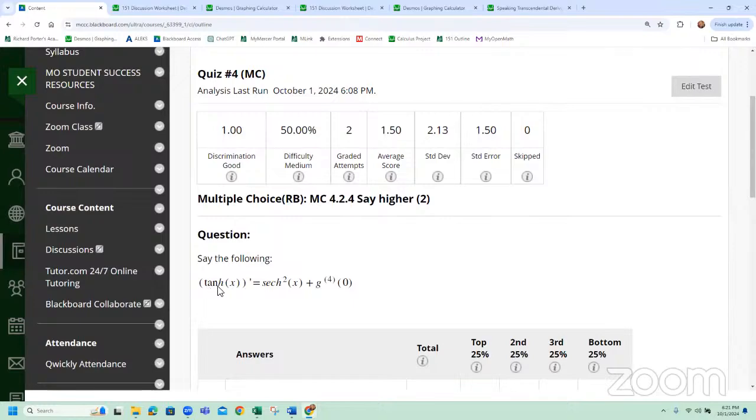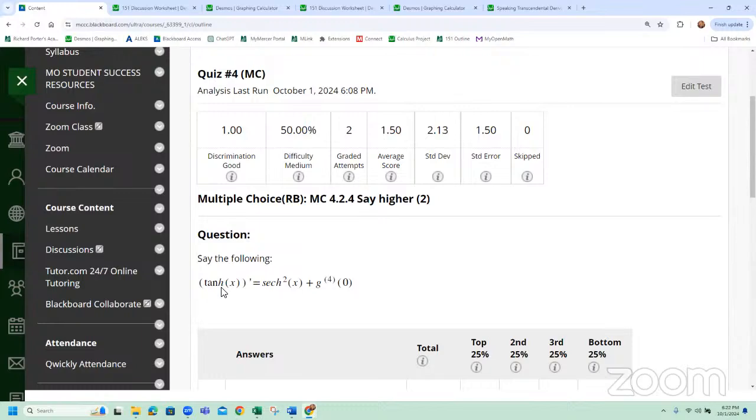Okay, so what does this say? So you don't like us saying parenthesis, right? No, don't say that. Tan H. No, not tan H. What does the H mean?